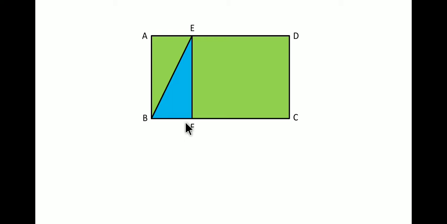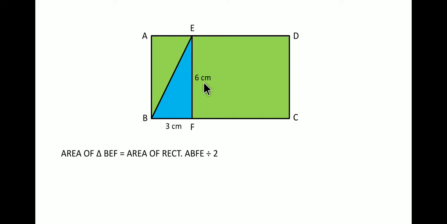So we can say that the area of triangle BEF is the area of rectangle ABFE divided by 2. So when you divide this, you will get the area of this triangle. Let's say that this rectangle has breadth 3 centimeter and length 6 centimeter.